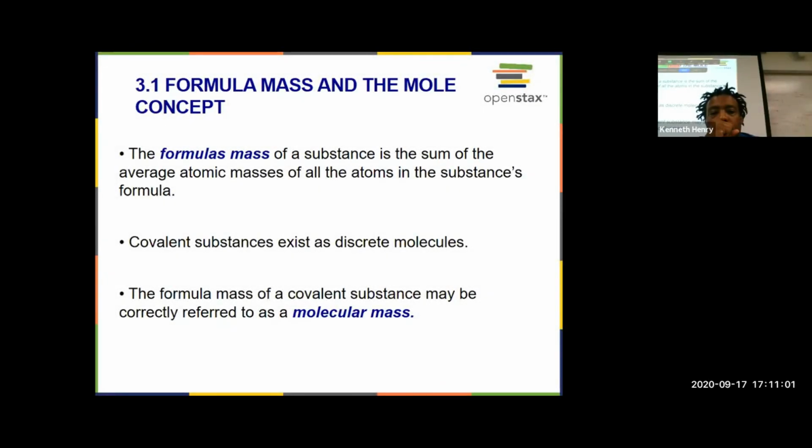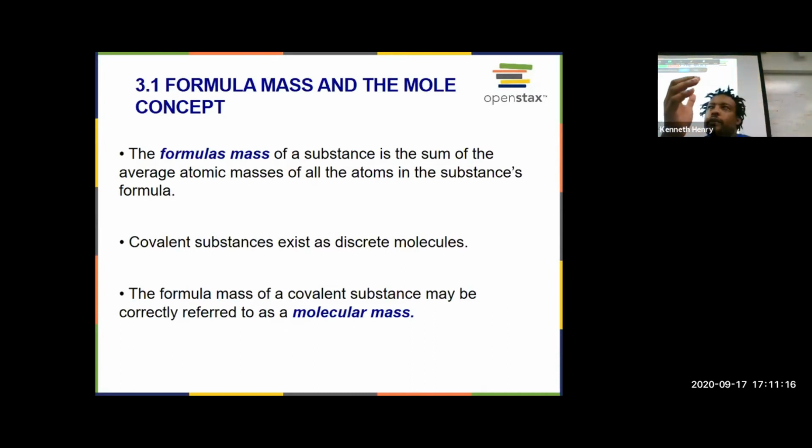So when we talk about formula mass, formula mass is basically the sum of the average of the molecules that you have.